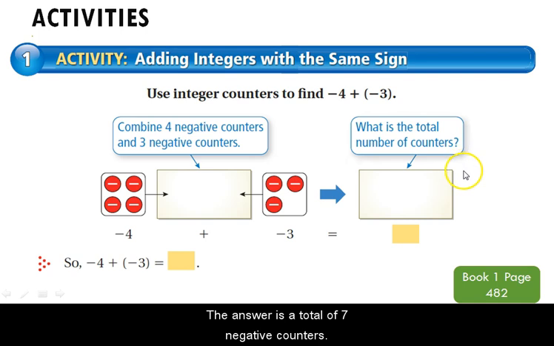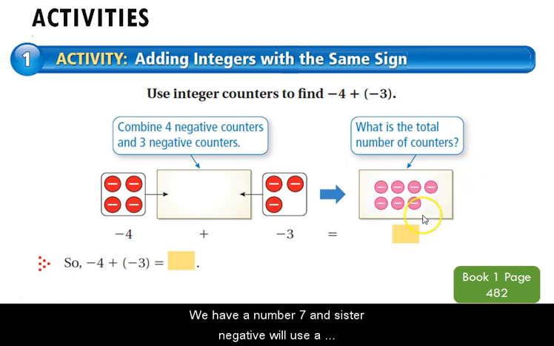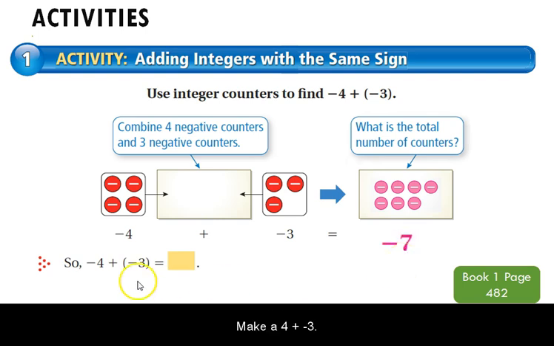The answer is a total of 7 negative counters. We have a number 7, and since they're negative, we use a negative sign to represent the integer -7. So, -4 plus -3 equals -7.